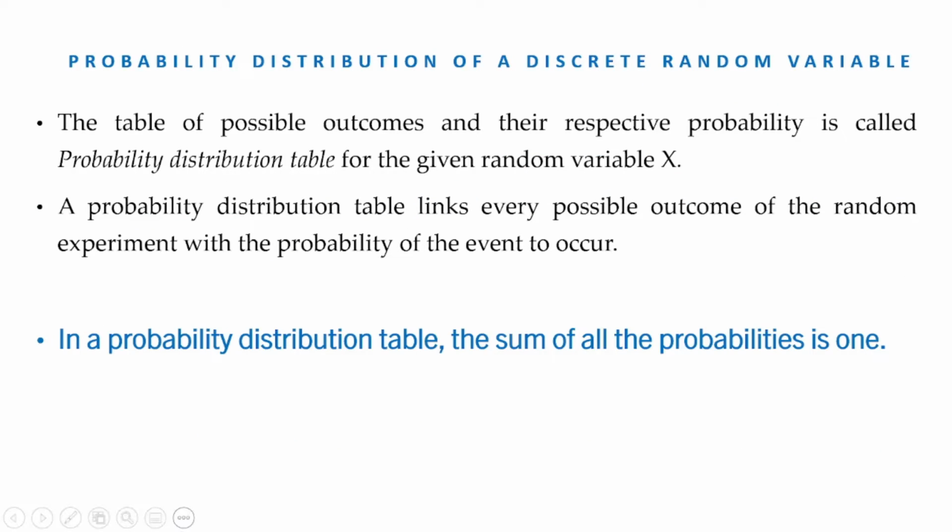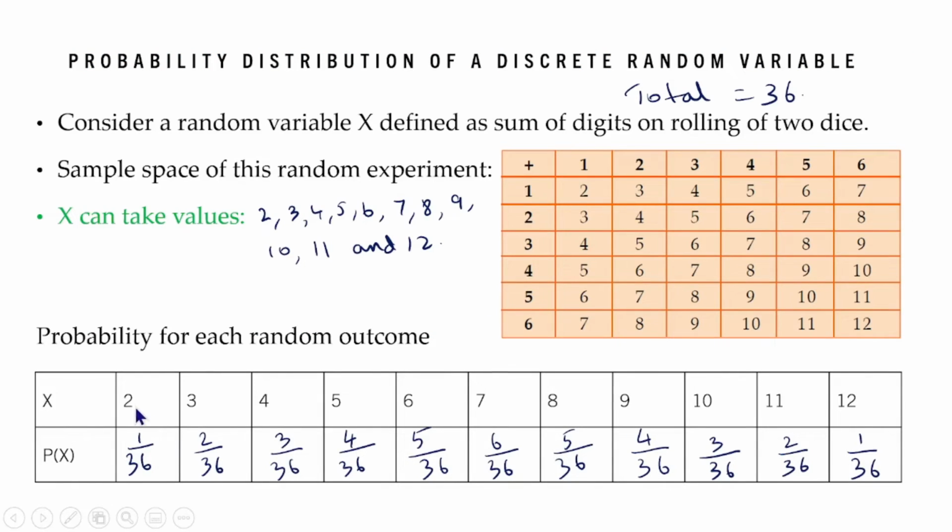Now, coming to the definition, the table of possible outcomes and their respective probabilities is called the probability distribution table for the given random variable x. A probability distribution table links every possible outcome of the random experiment with the probability of the event to occur. So here we can see that the probability distribution table links every possible outcome to its probability.